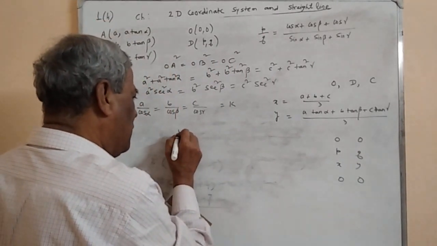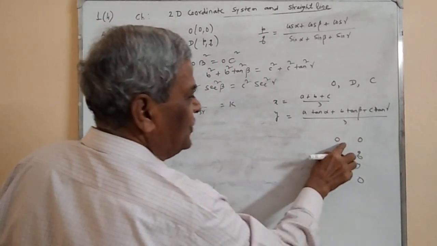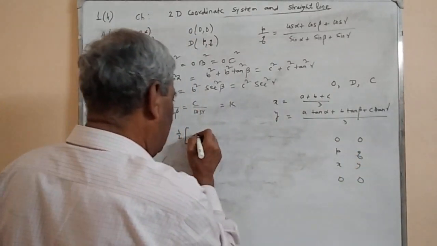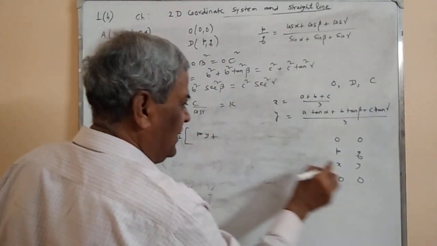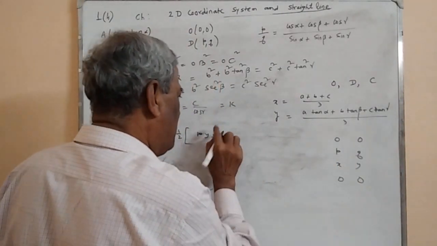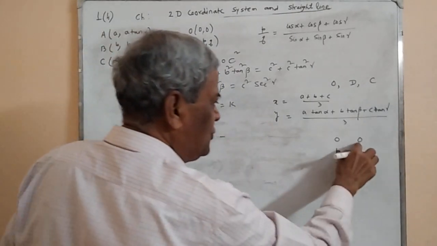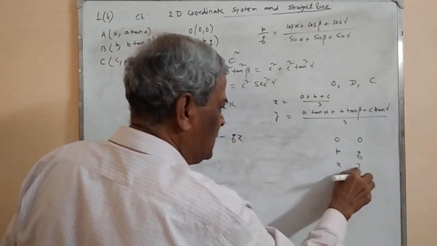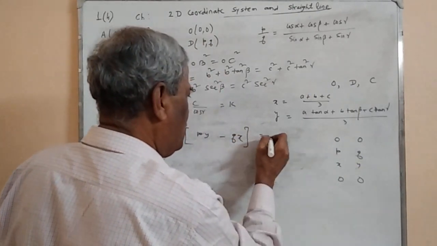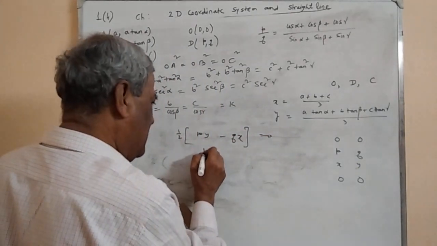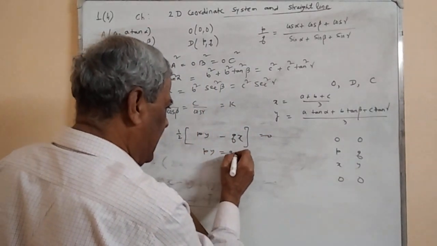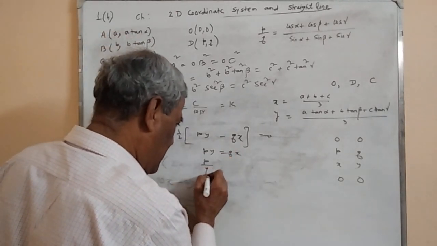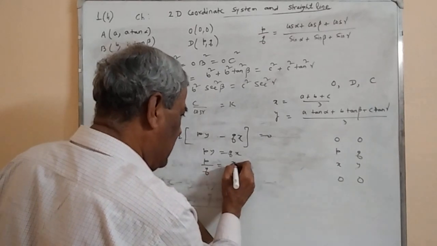Therefore, half of 0 into Q, 0, P plus PY plus X into 0 is 0 minus 0 into P is 0, Q into X minus Y into 0, is equal to 0. That is, we get PY is equal to QX. So P by Q is equal to X by Y.